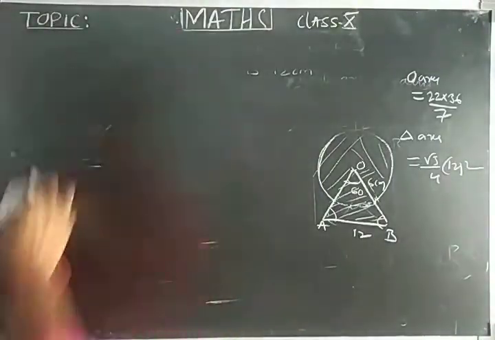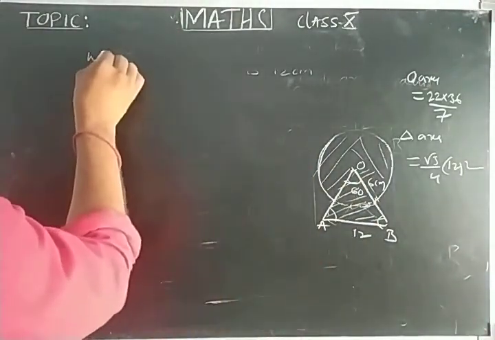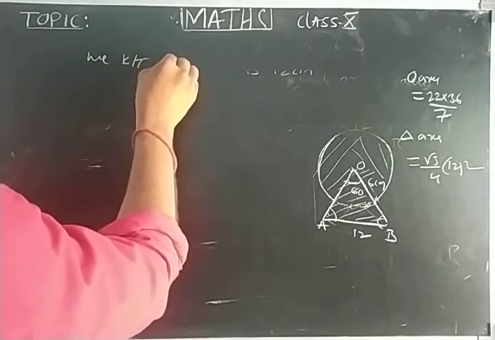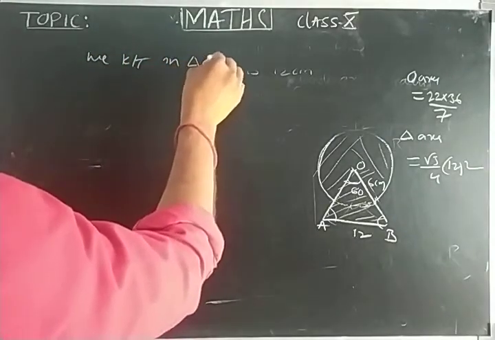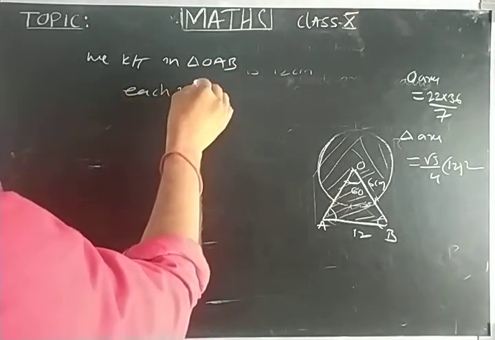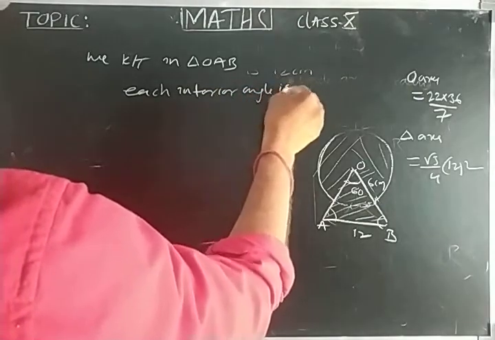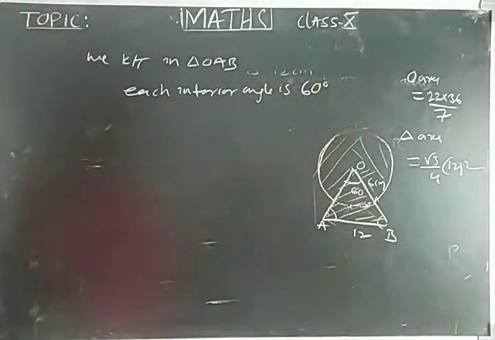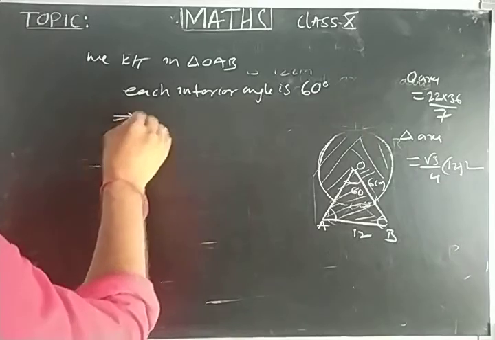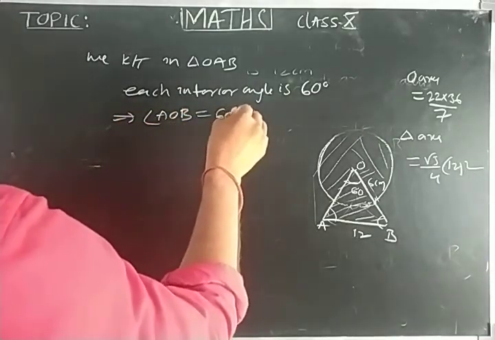Before sector area, we have to find the angle. We know that in triangle OAB, each interior angle is 60 degrees. Why? Because it is an equilateral triangle. Now that implies angle AOB is 60 degrees.